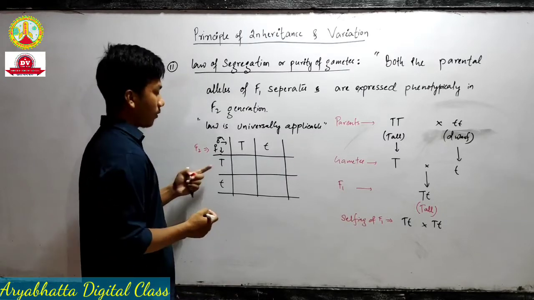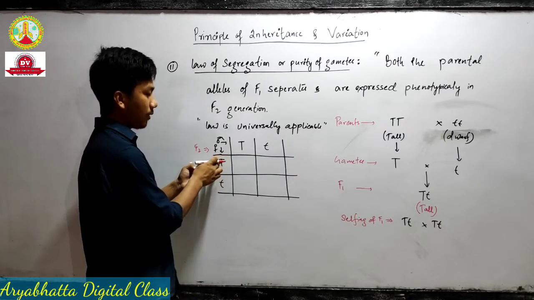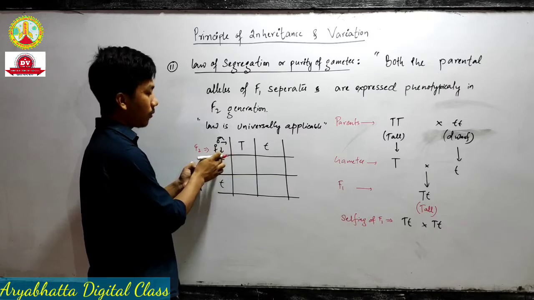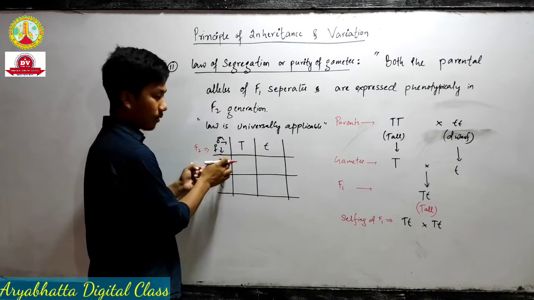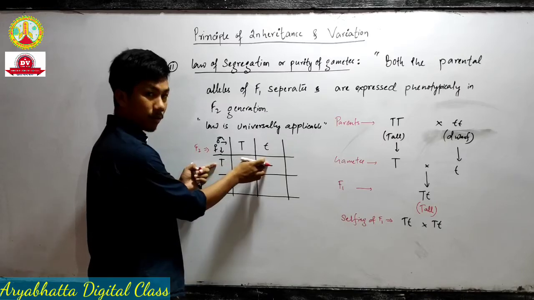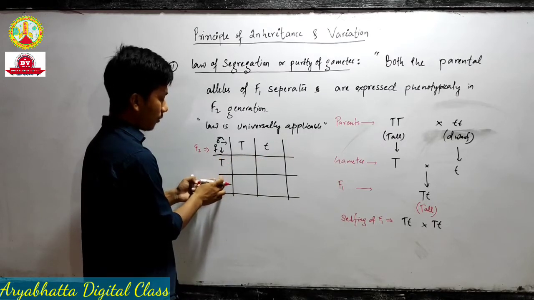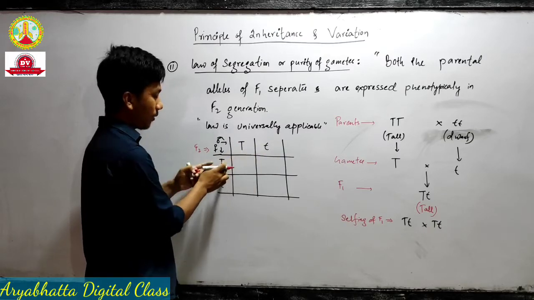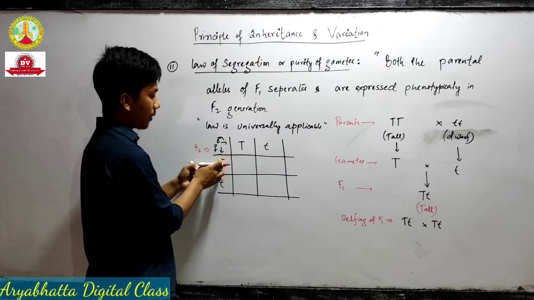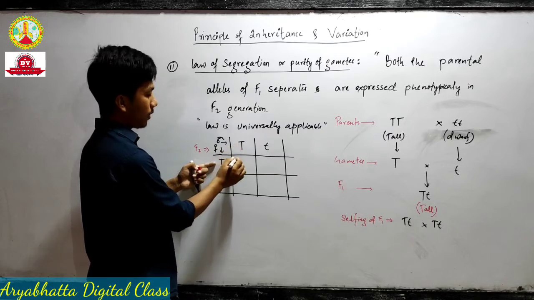When we make a cross, remember this first letter we have to cross with both of these. Once we complete these two, we represent them in this box. Now once we complete this, we again cross this small t with these two characters. First we cross capital T, capital T, so write it down.